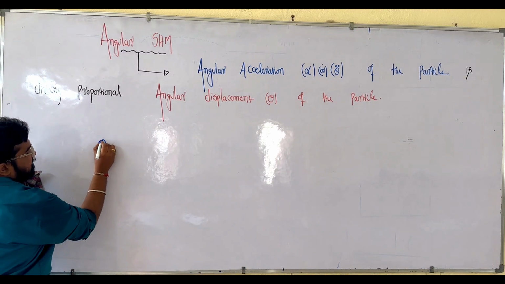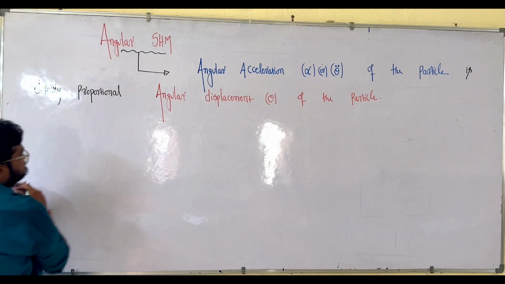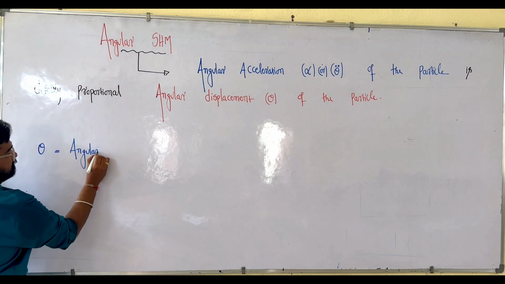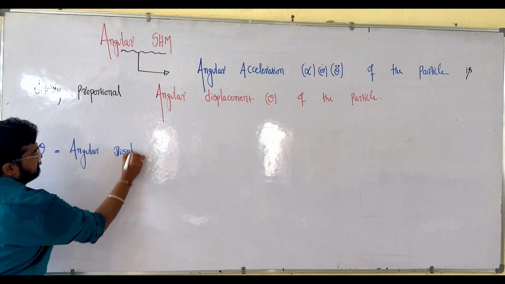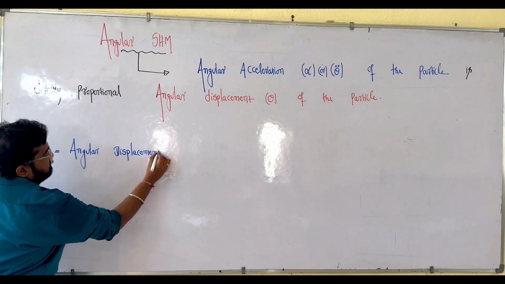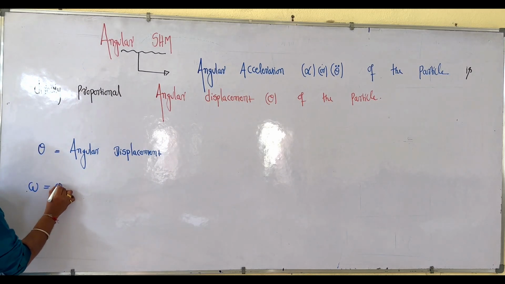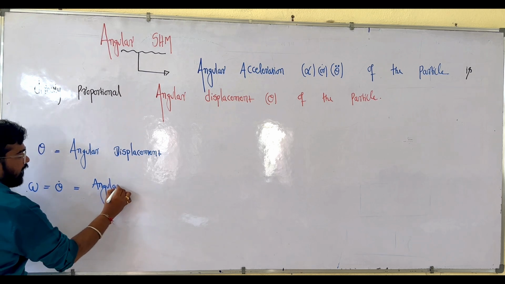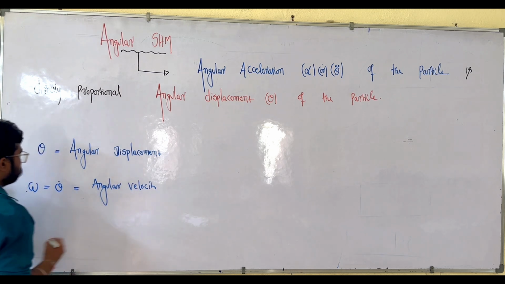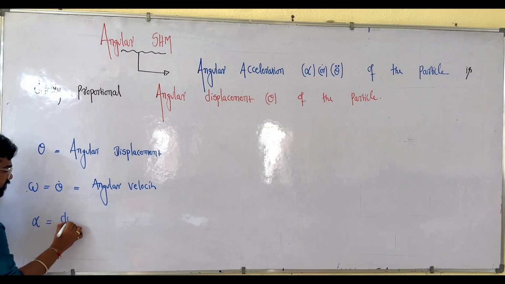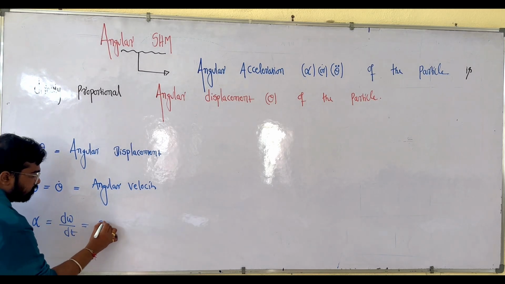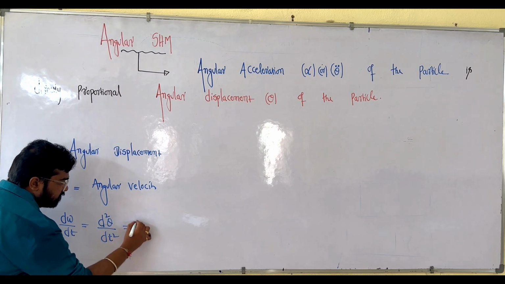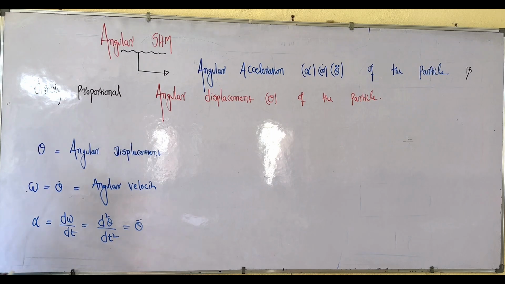Theta is the angular displacement, omega is the angular velocity, and alpha equals d omega by dt, that equals d square theta by dt square, that equals theta double dot, the angular acceleration of the particle.